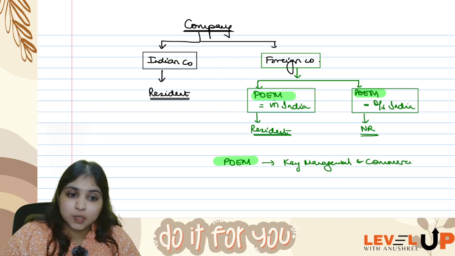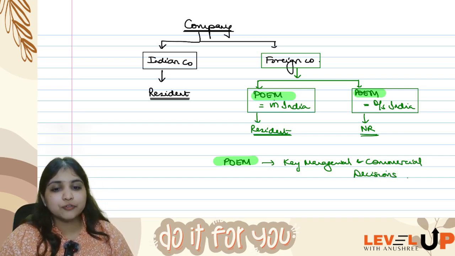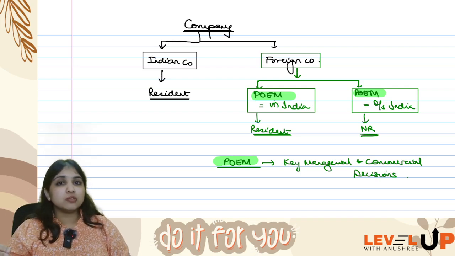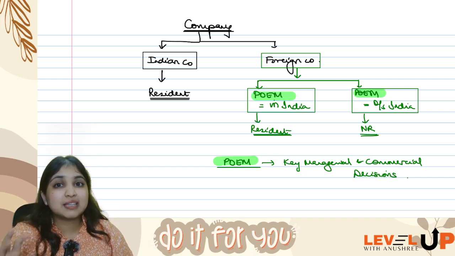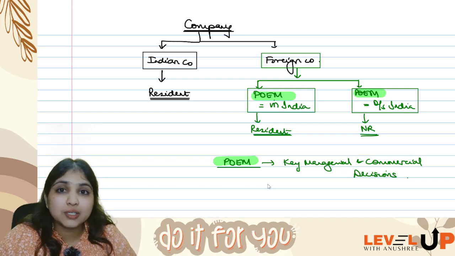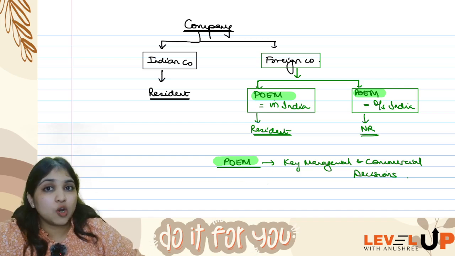This is key terminology, you cannot change this. Key managerial and commercial decisions are taken. Now, how do we find the place of effective management? There are a set of POEM rules which have been released, but you will be learning them only in your CA Final. For that we have POEM rules. That we are not bothered about.